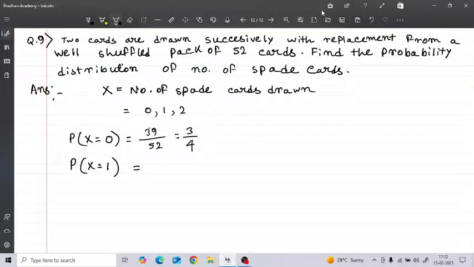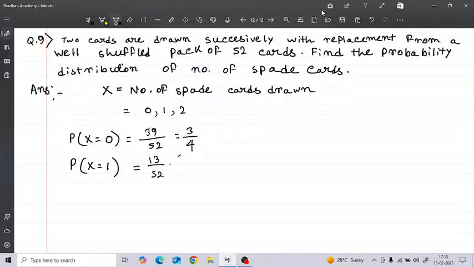There are two cases for X equals 1: I get a spade card or not. If in the first draw I get a spade card, the probability is 13 by 52, and this is with replacement, so I put the card back into the deck.